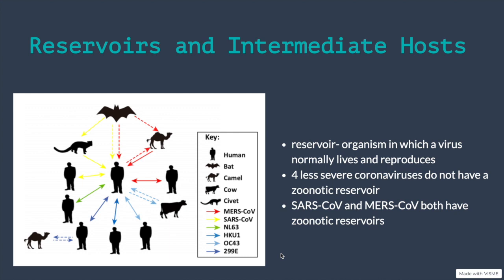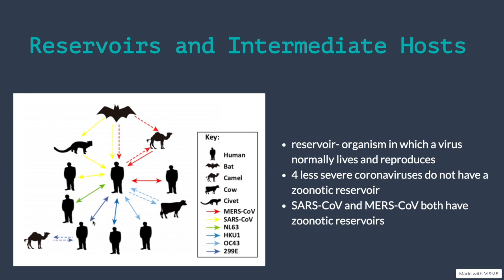And typically they will live and reproduce in this organism without harming or affecting the organism that it's living in. An intermediate host is just an animal that can also be infected by the virus, but can spread it to further organisms, such as how the civet and the camel can spread it to humans.